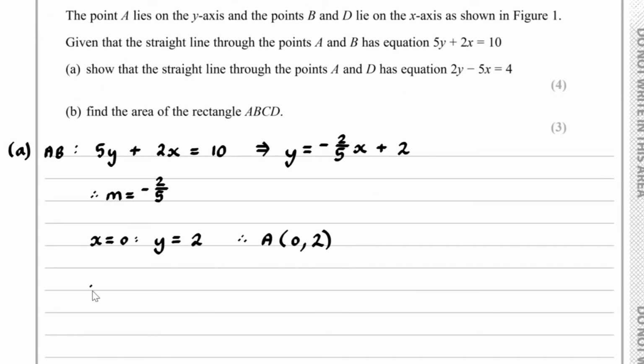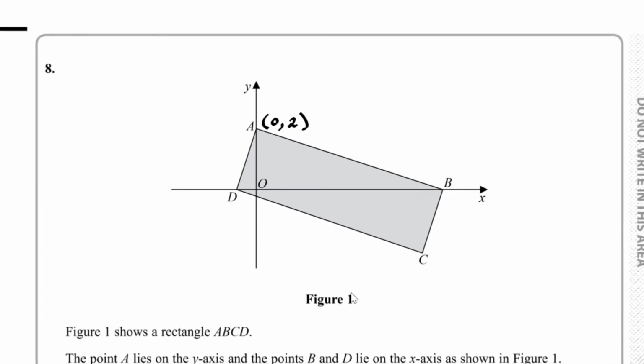Now, when y is equal to 0, 2x equals 10, x is equal to 5. And so the point B has coordinates 5, 0.